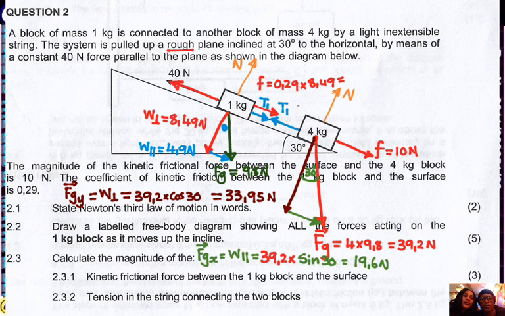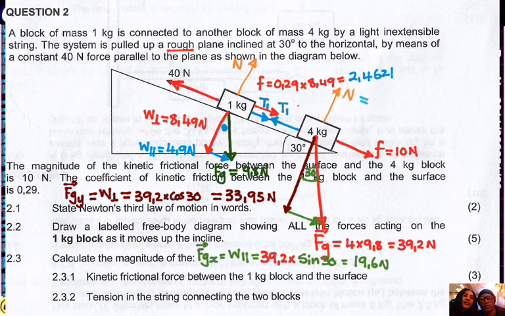So we're having 0.29 times 8.49. We get an answer of, we're getting some values there, which is 2.4621.